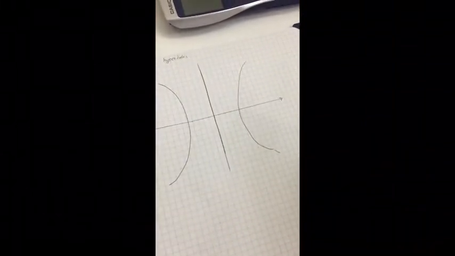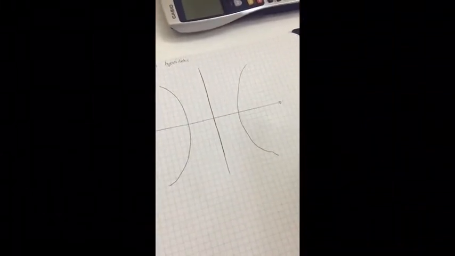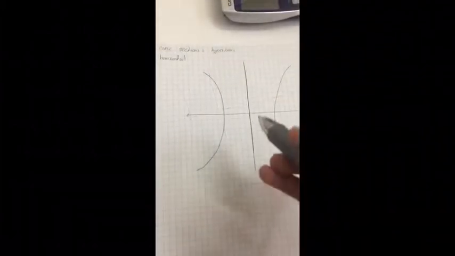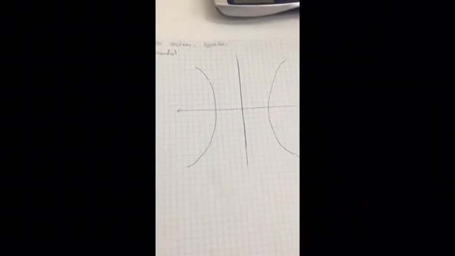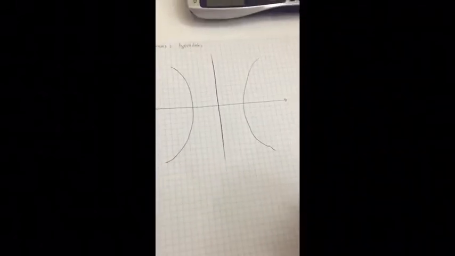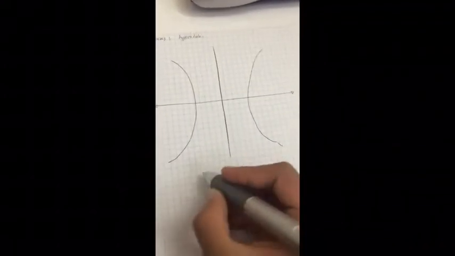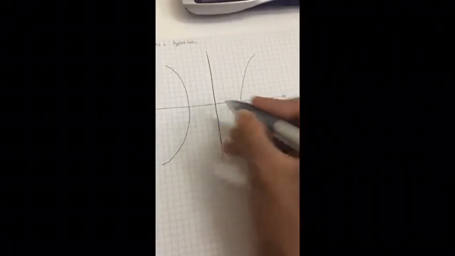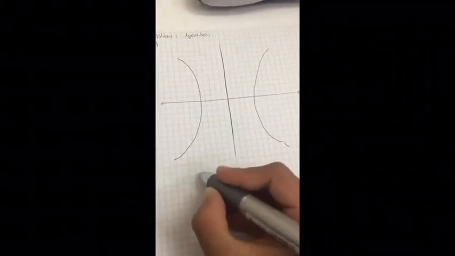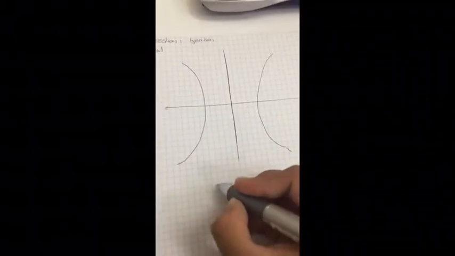Today I will explain the conic section hyperbolas. First of all, we have the horizontal hyperbola. The horizontal hyperbola's center is h, k. It doesn't matter what the value of h or k is.